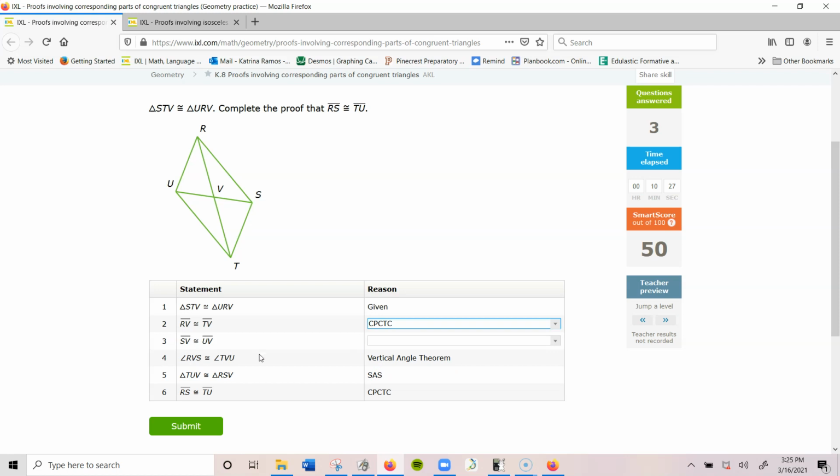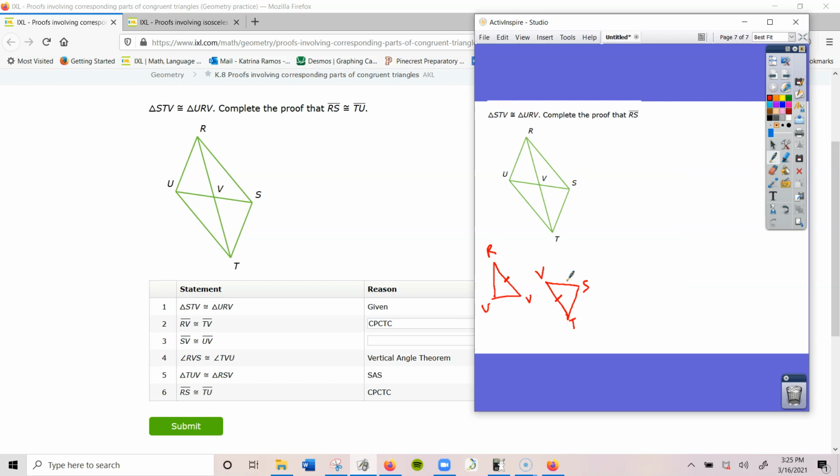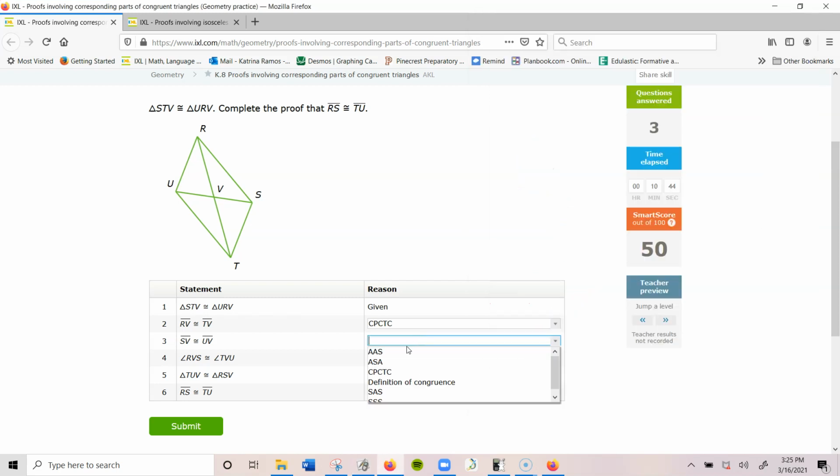And then SV is congruent to UV. And that is probably going to be the same thing. SV is congruent to UV. Also congruent parts of congruent triangles are congruent. Because again, we are basing off of the parts of the two congruent triangles. So CPCTC.